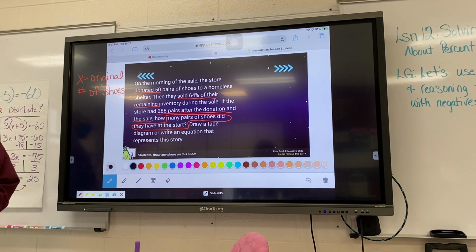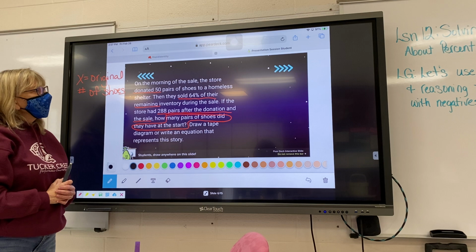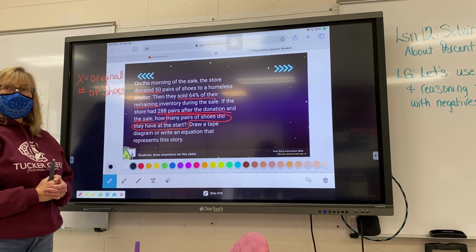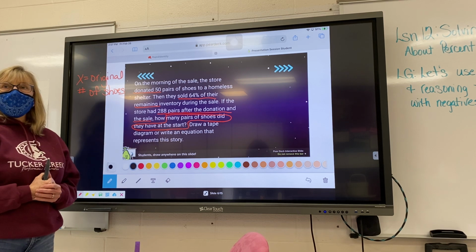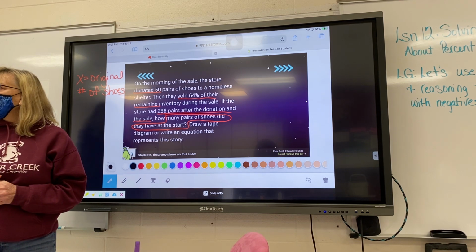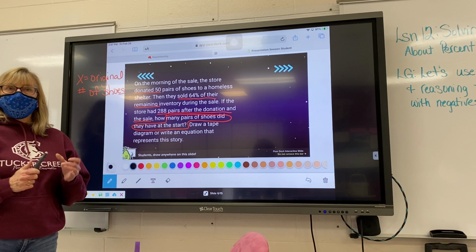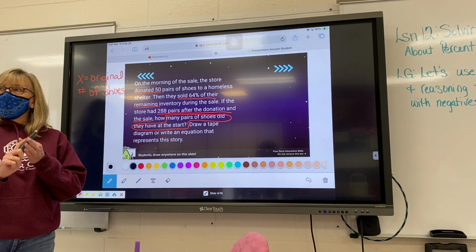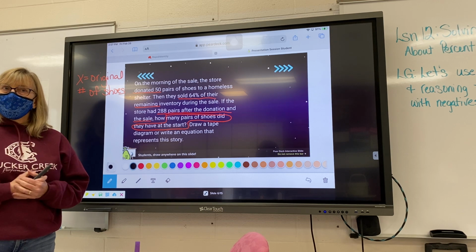All right, I'm going to give you a minute or two to either draw a tape diagram of this situation or write an equation. Don't solve it, I just want an equation. Remember, an equation has constants, an operation, a variable, and an equal sign.